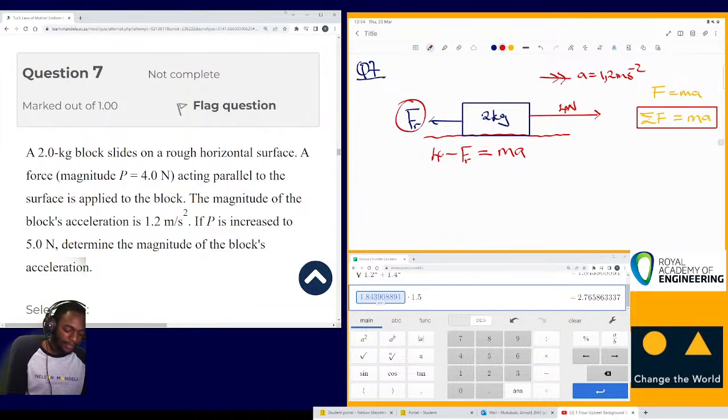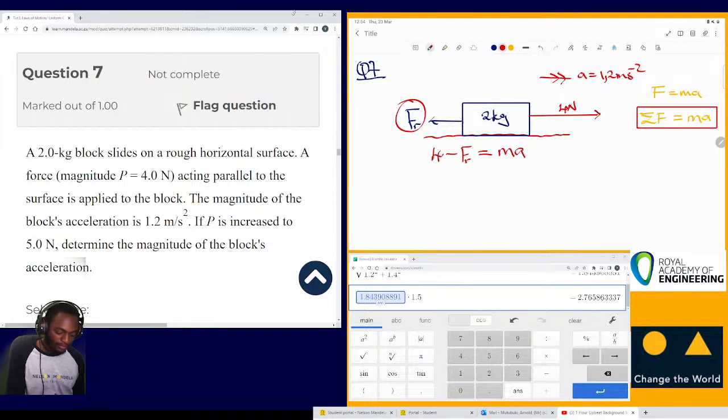Then from there, we can find the frictional force by making the frictional force the subject.